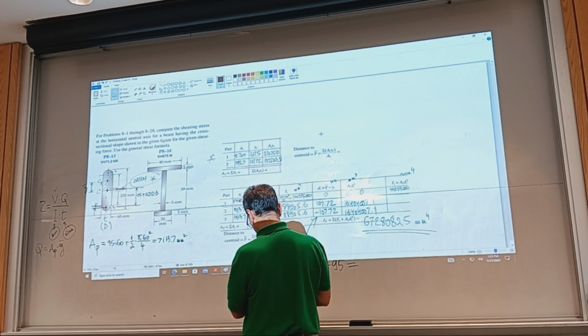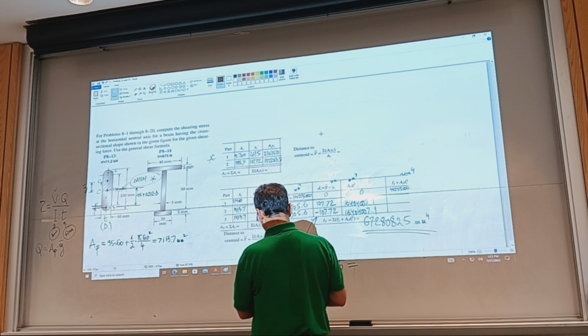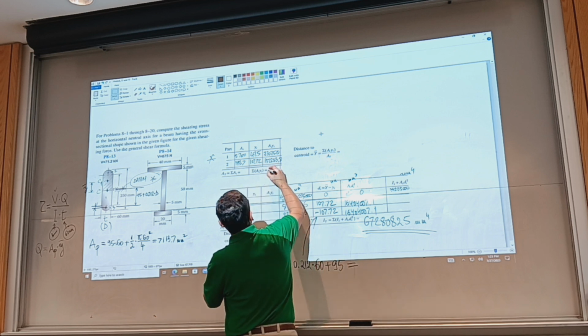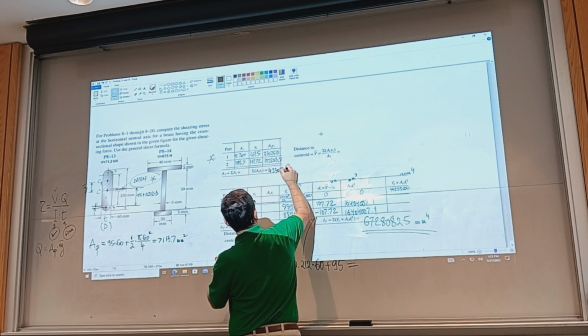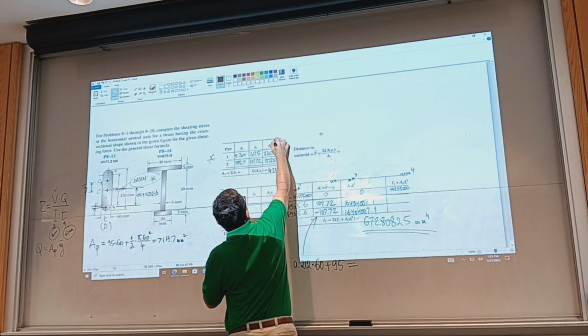Okay, so to this one I'm adding the earlier one, plus 270750 equals. All right, so I have 423033.8. These are millimeters to the power 3.